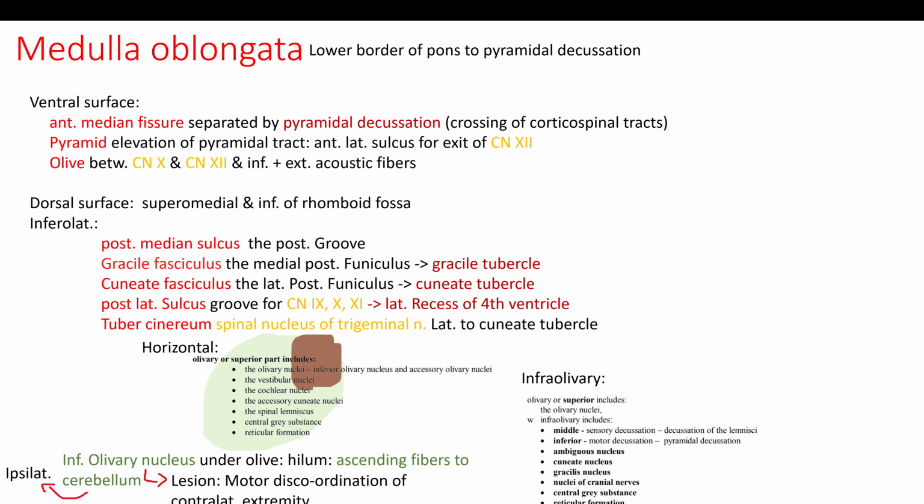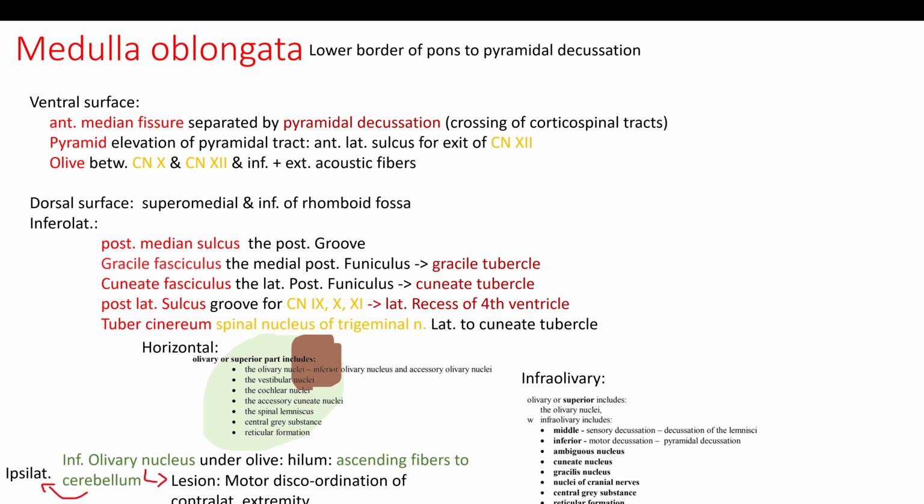First of all, the ventral surface with the anterior median fissure, continuous with the spinal cord. The anterior median fissure of the medulla oblongata and spinal cord is separated by the pyramidal decussation, the crossing of the corticospinal tracts, with the pyramid being the elevation of its tract.